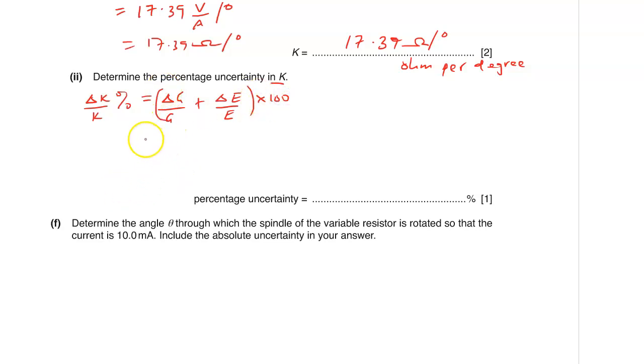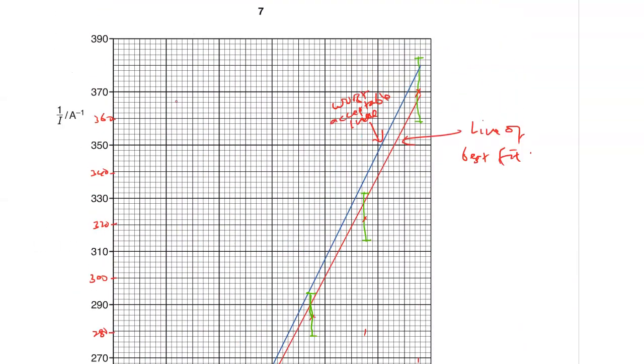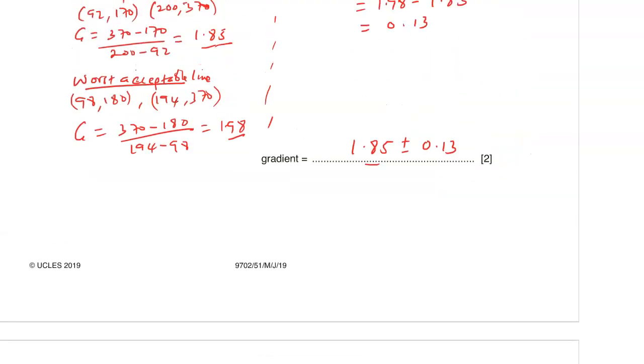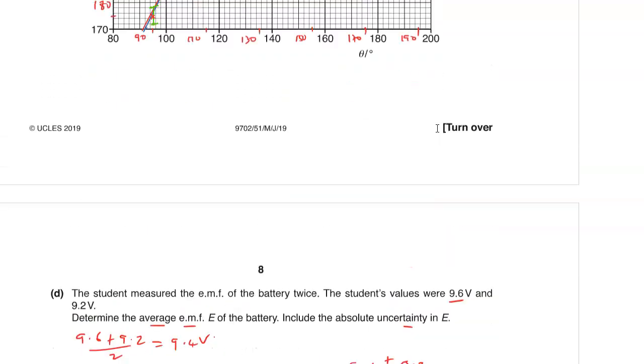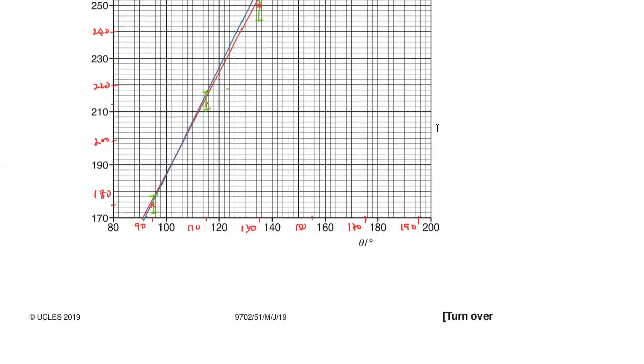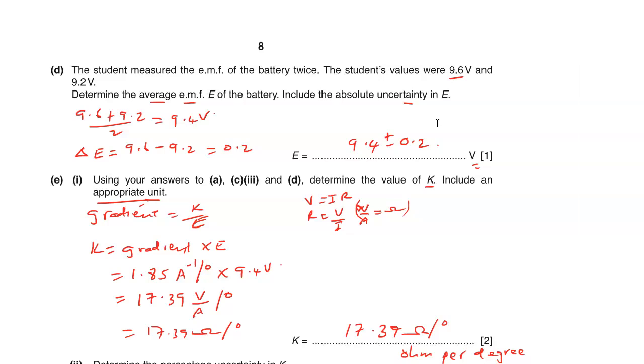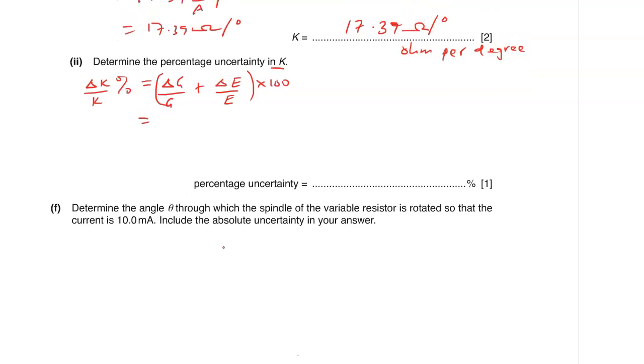The uncertainty of the gradient is 0.13, and of course the gradient is 1.85. The uncertainty of the EMF is 0.2. Don't forget that we have gotten K from the gradient multiplied by the EMF. So that is what you're going to be using here.